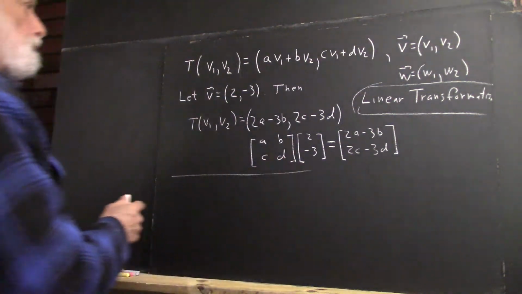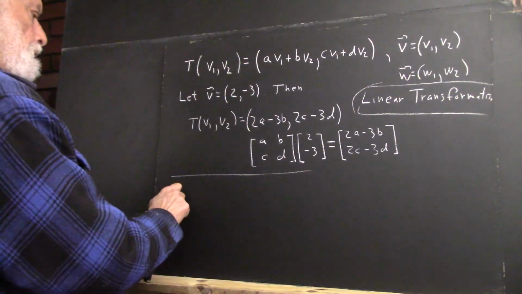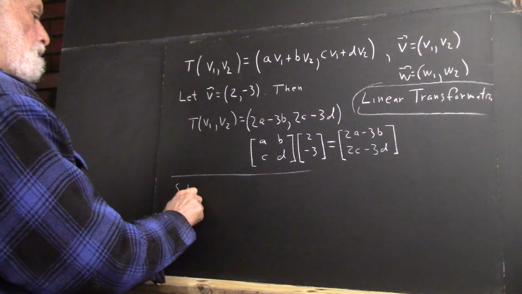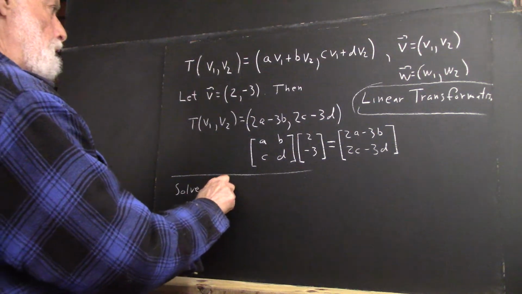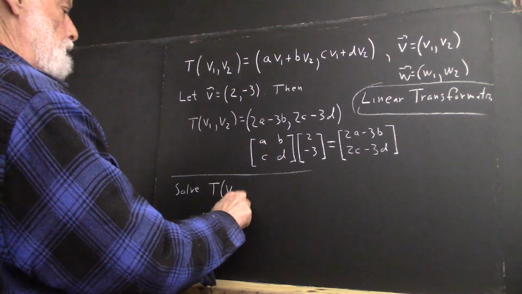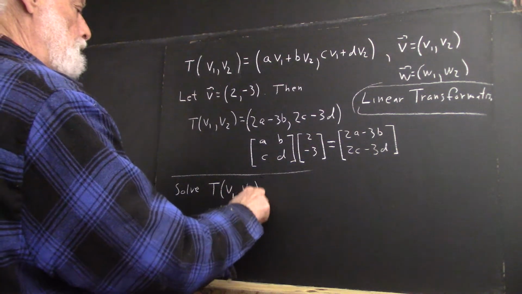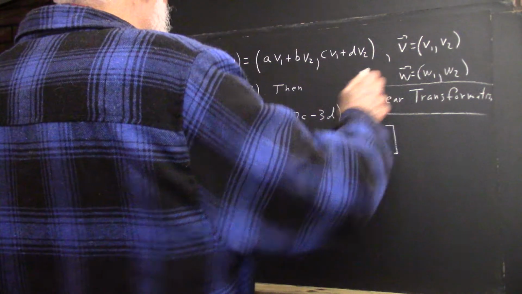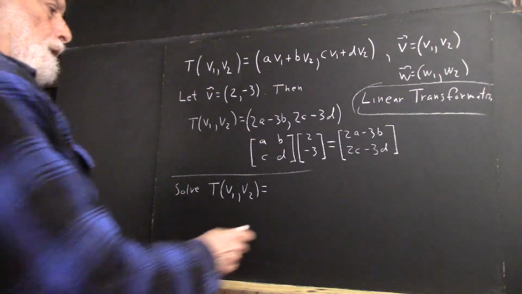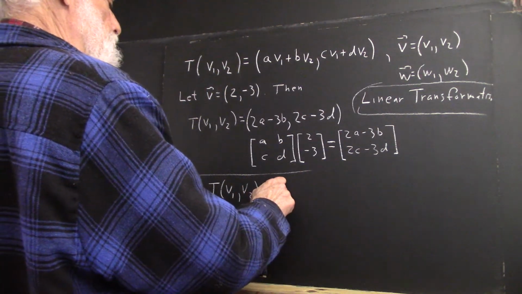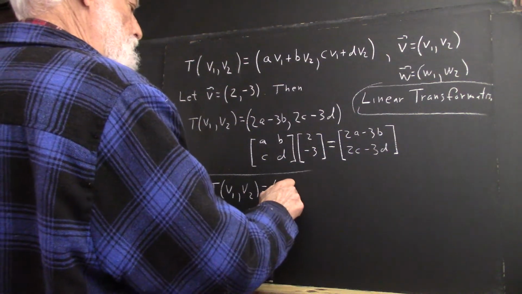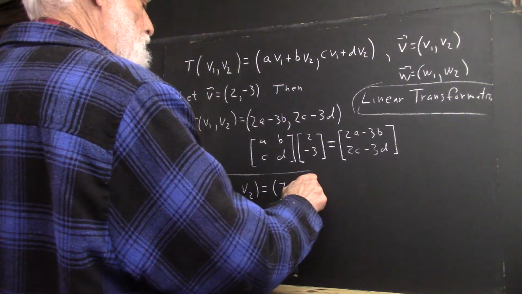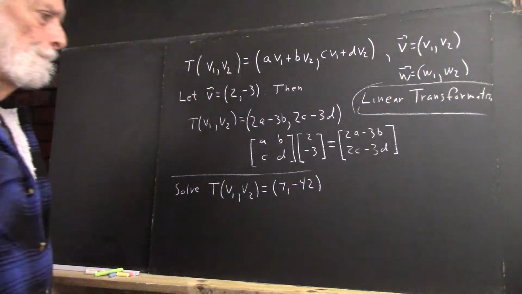Okay, now suppose we want to solve the equation T of (v1, v2) equals our w vector. Let's say this equals, well, I said something, I forget what it was, (7, -42).